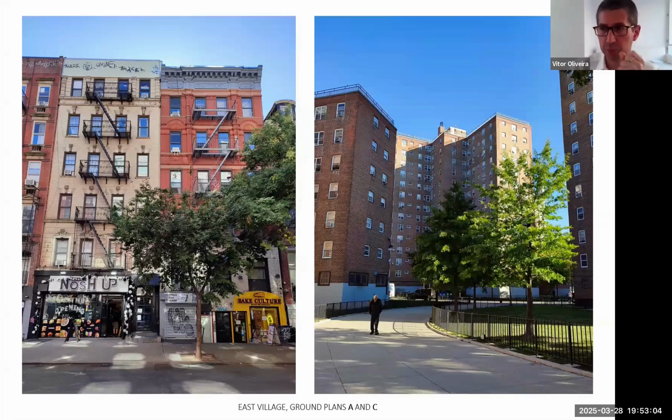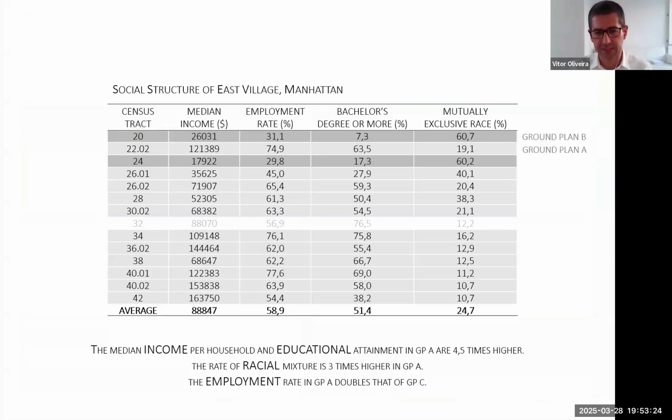So what we had to understand next was whether this profound division that we found in terms of the ground plan was also true in terms of the social indicators that we are addressing.